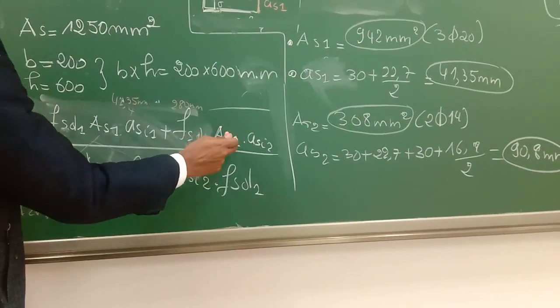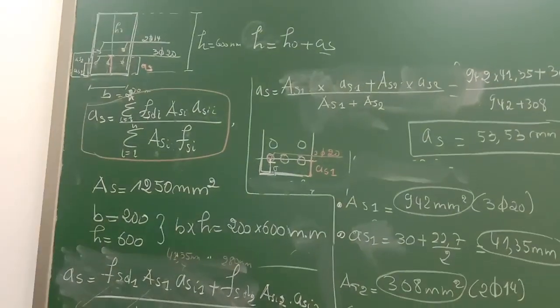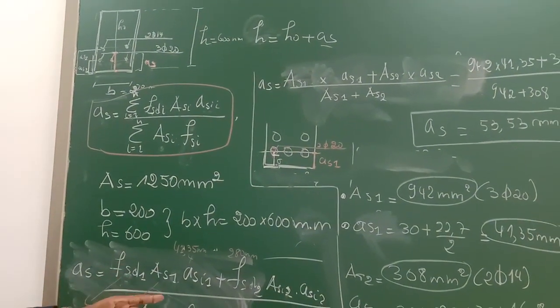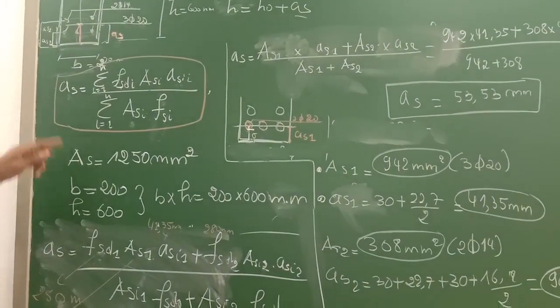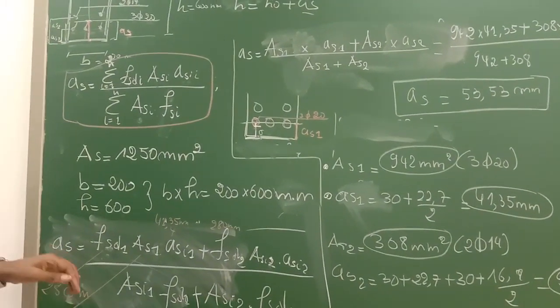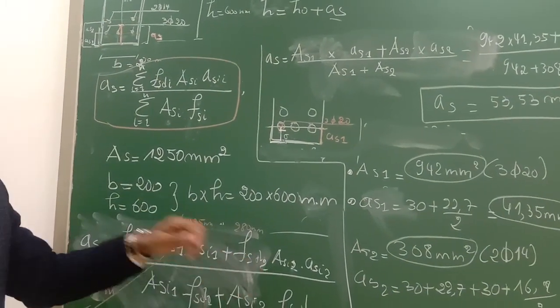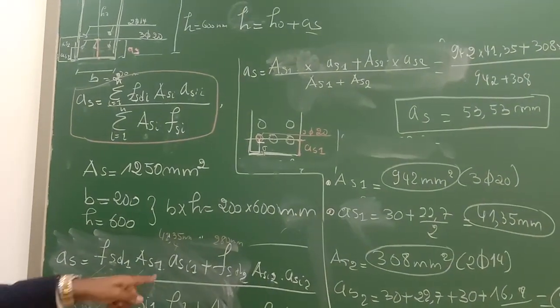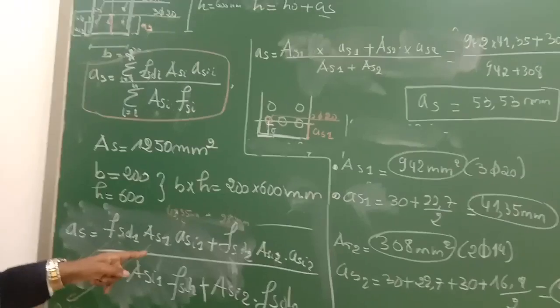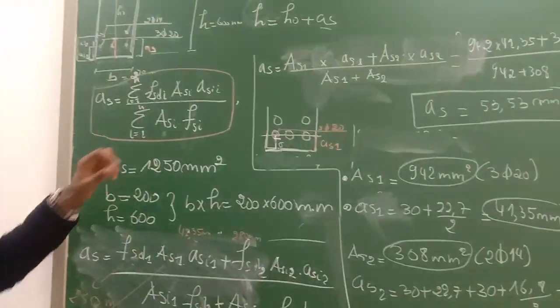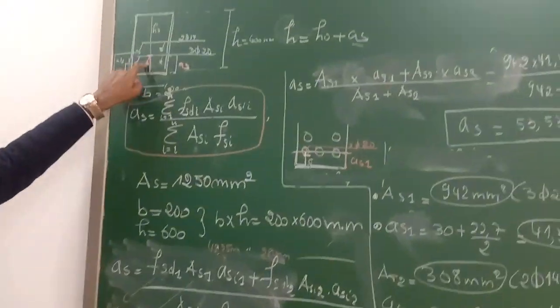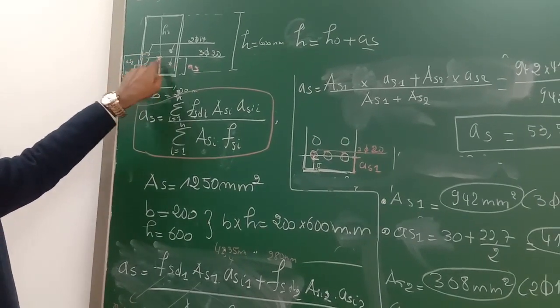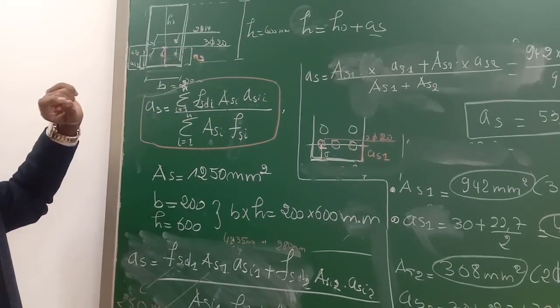So AS2. What is AS2? AS2 we take in the same way that we took AS1. So AS2 we find also in the book. They are the same steel, but they have different diameter. The first line and the second one are constituted by the same steel.